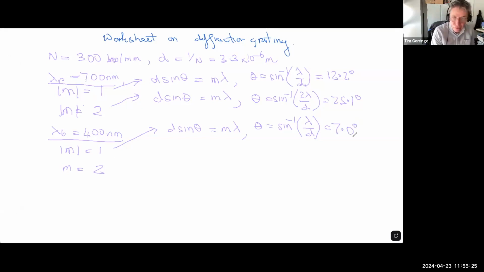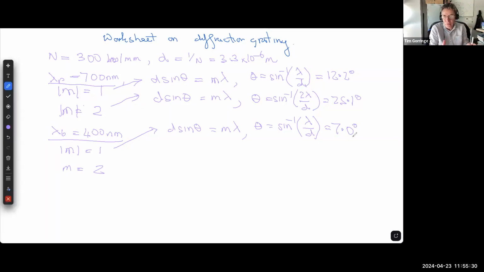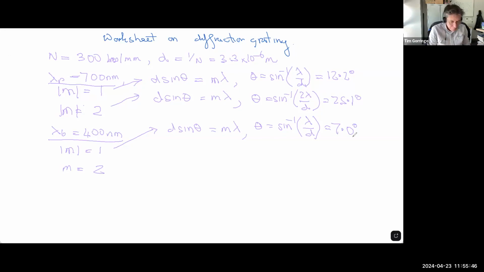So that's the location of the m equals 1 blue light. It's inside the red light. So if you walk away from the central maximum, you're going to first find the blue light of the rainbow, and then you'll walk your way through green and yellow and orange, and you'll find the red light.